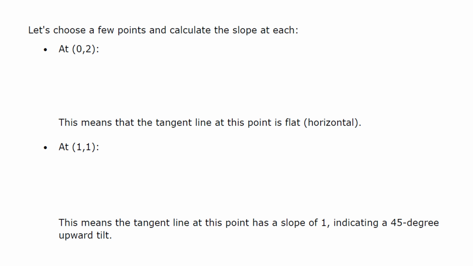I'm going to take my y prime equals x times (2 minus y) and substitute in my point (0, 2). That would be 0 times (2 minus 2), which equals 0 times 0, which equals 0. So my slope equals 0. This means that the tangent line at this point is flat, it's horizontal.